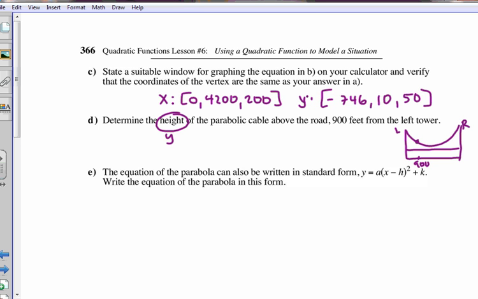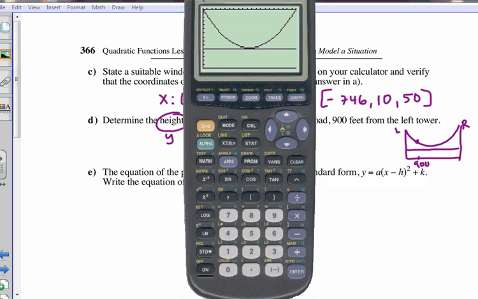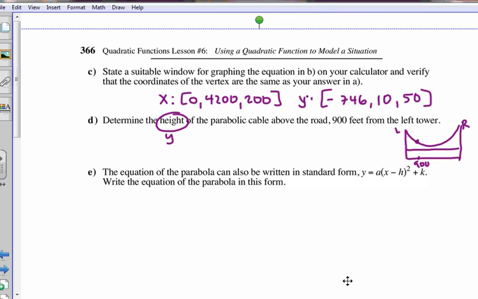There's a few ways you could do it. We can plug it in our equation or just trace, 900, enter. We're looking for the Y. The Y is unknown.